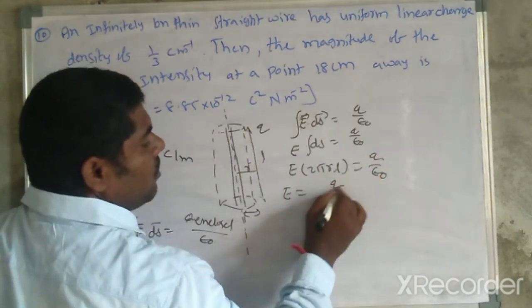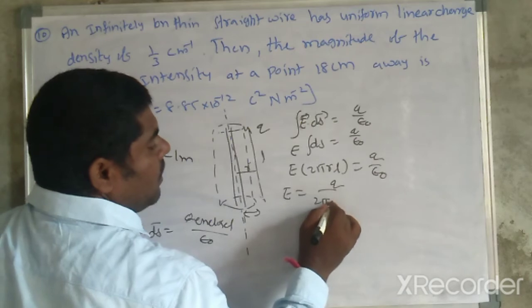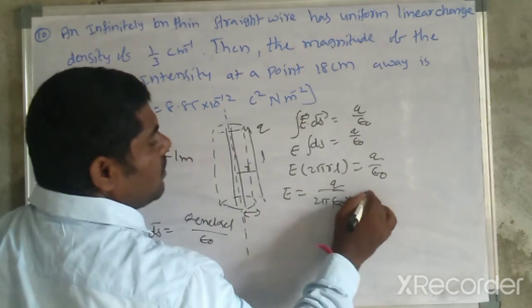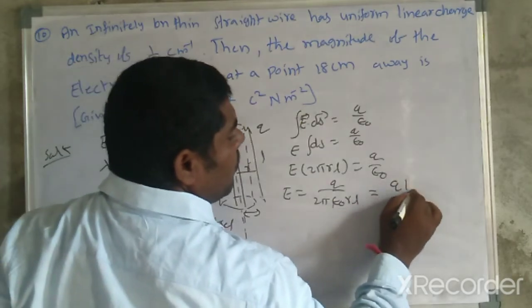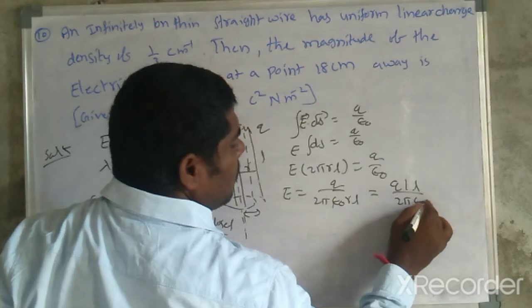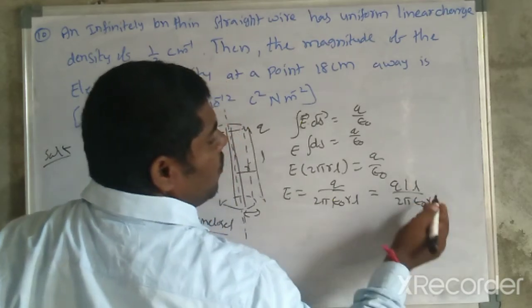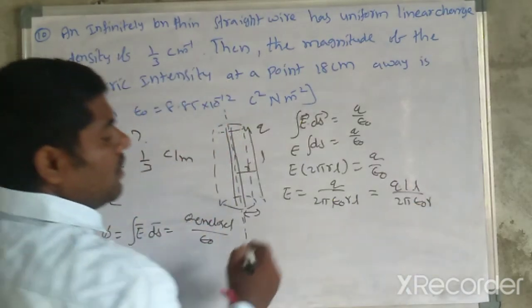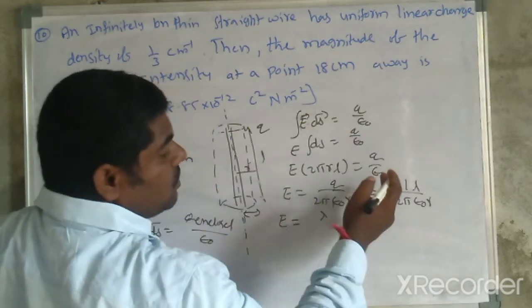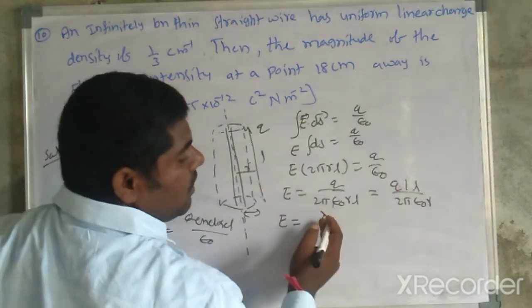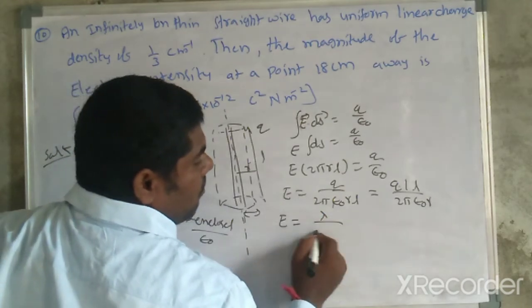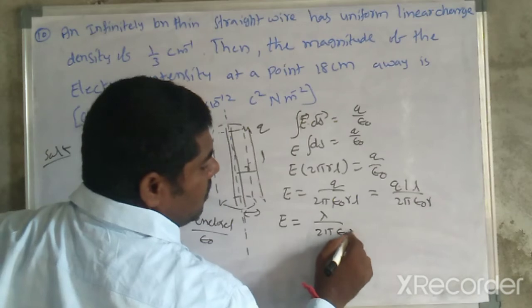Electric field is equal to Q by 2 pi epsilon naught r into L. This is Q divided by L, divided by 2 pi epsilon naught r. Q by L is nothing but lambda, the charge per unit length, the one dimensional charge density. So electric field is equal to lambda by 2 pi epsilon naught r.